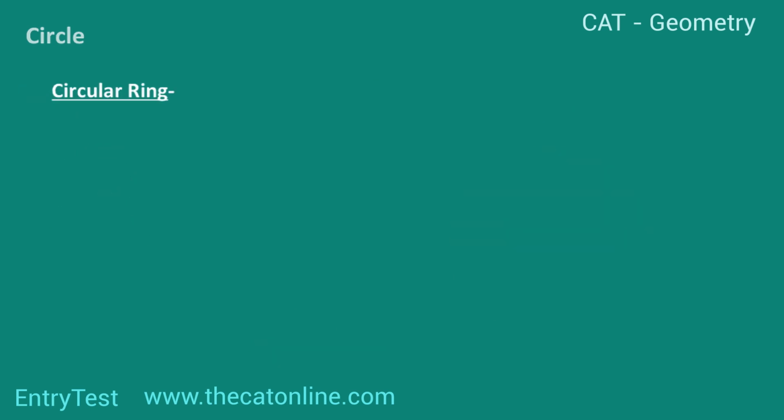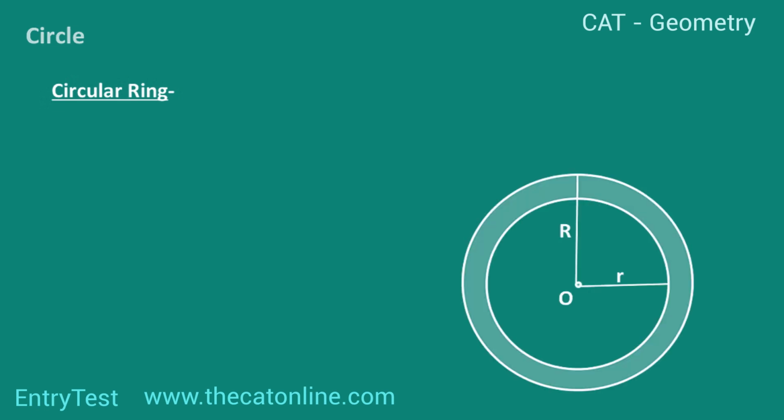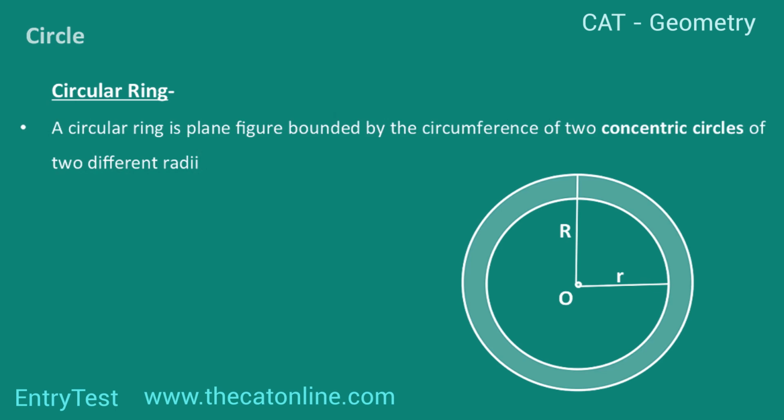Let's move ahead and let's talk about the concept of a circular ring. Look at the figure that you have. A circular ring is a plane figure bounded by the circumference of two concentric circles of different radii.